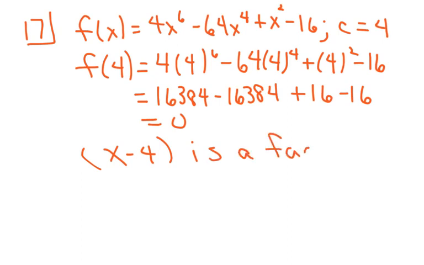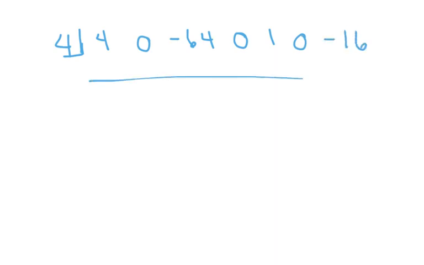And now I'm going to have to factor it out. So let me go over here and do this. We have 4. And I'm going to write 4, 0, negative 64, 0, 1, 0, negative 16. Again, I'm going in descending order.